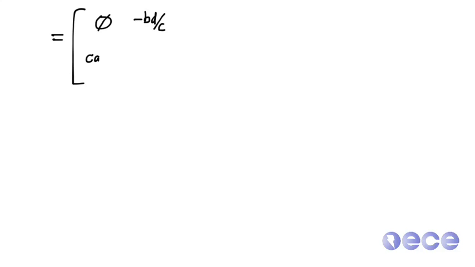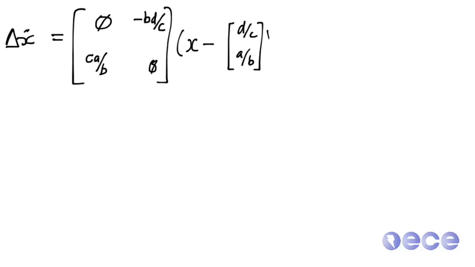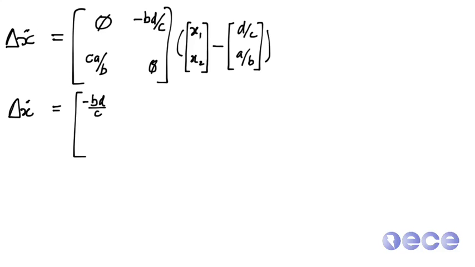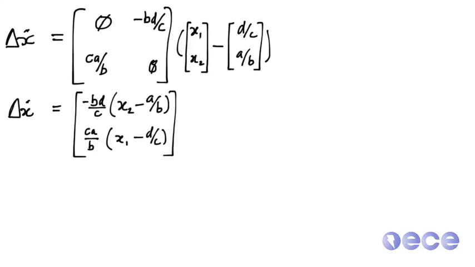Here I've replicated the gain matrix A and written x minus the vector d over c and a over b, the two values for x0. If we rewrite x as the vector x1 and x2, now we can write this system of equations as one large matrix. So minus bd over c times x2 minus a over b. It's sort of hard to see this if you haven't done matrix algebra in a while.